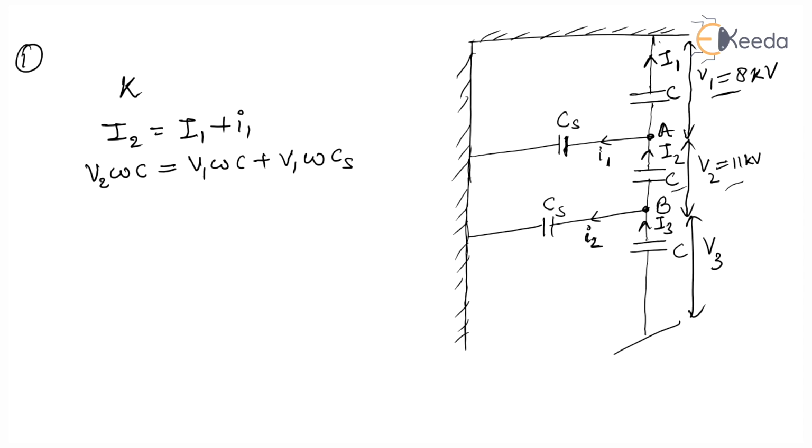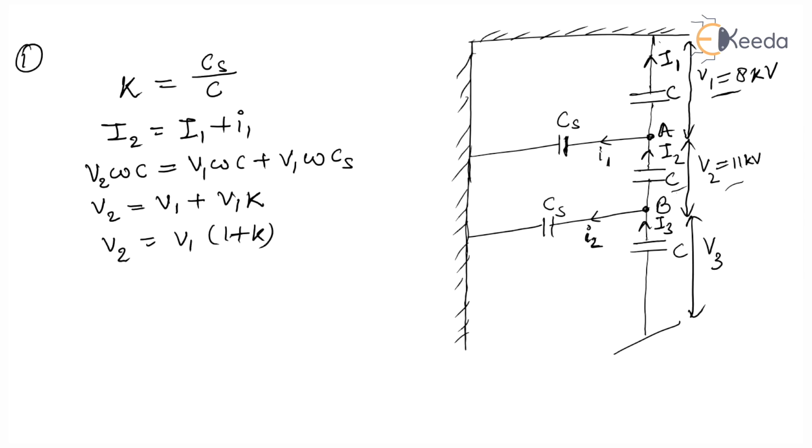Now send omega C to the right hand side. So V2 is equal to V1 plus V1 Cs by C. We know the ratio of Cs by C is equal to K, shunt capacitance by self capacitance. So we can write this as V2 is equal to V1 into 1 plus K.